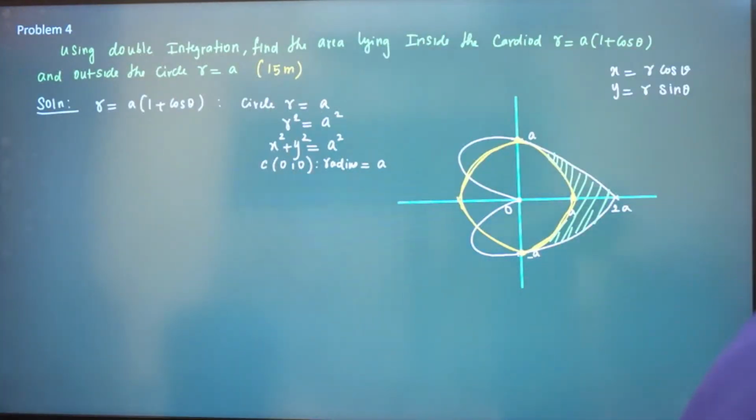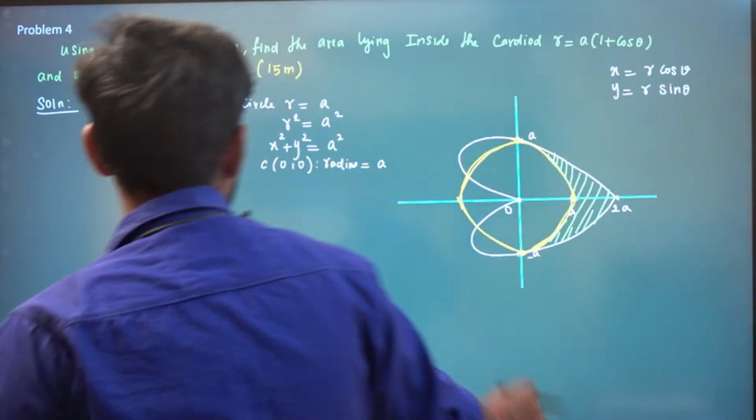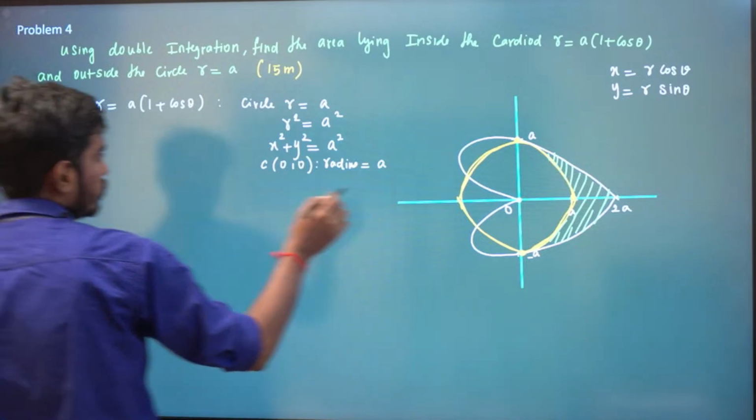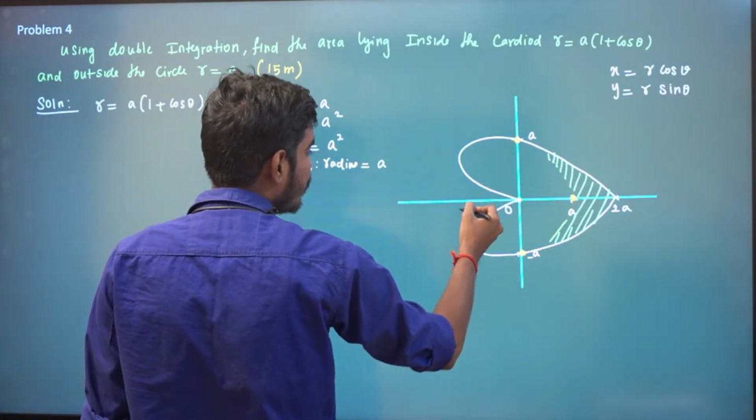Is it clear? Actually, the diagram for the circle r is equal to a, I think I made some error, because drawing like this you will have some other area also, inside and outside. I'll just rearrange this diagram. I drew this part very big.